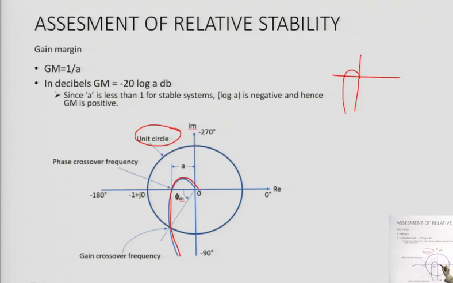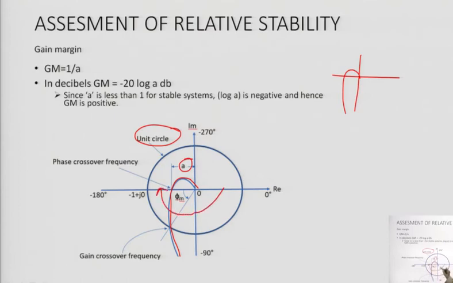Now we can see that this polar plot intersects the negative real axis here, and the magnitude of the polar plot at phase angle equal to minus 180 degrees is A. This is the phase angle measured from the positive real axis.